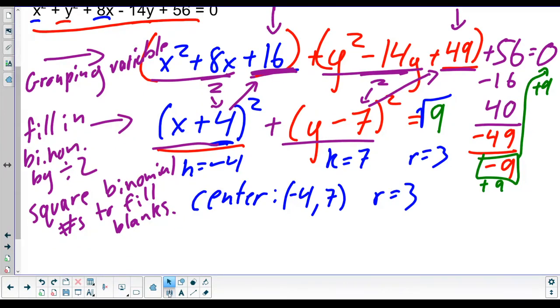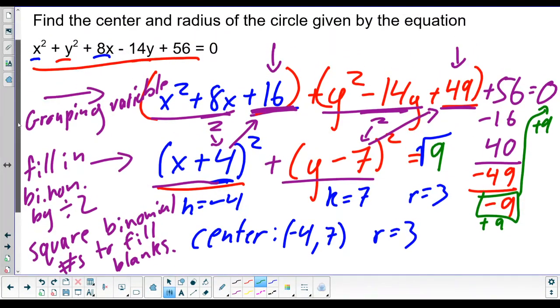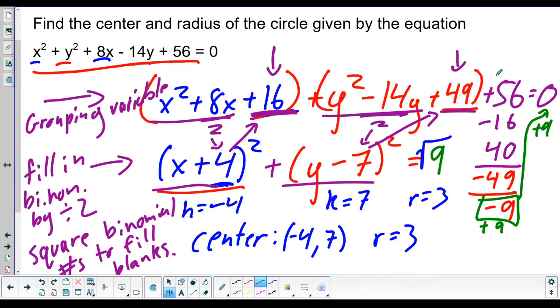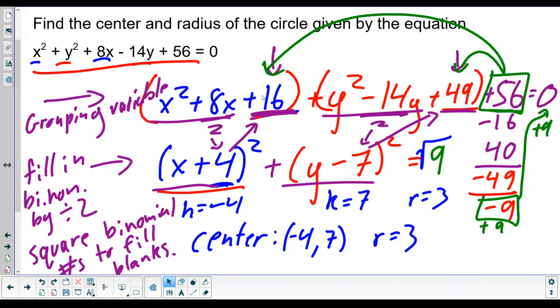And then we need to think of filling in those blanks as pulling out of our repository. We need to pull those numbers out of the stack of numbers we have laying around. So once you figure out these numbers, we subtract them from that constant at the end. And then once we've subtracted out both of our numbers, move the remaining bit to the other side of the equation.